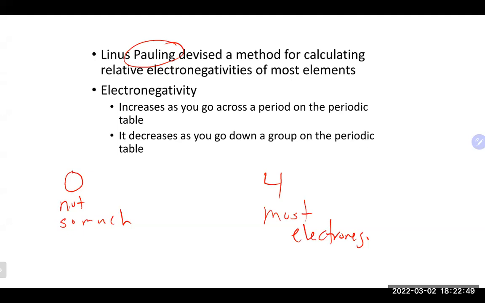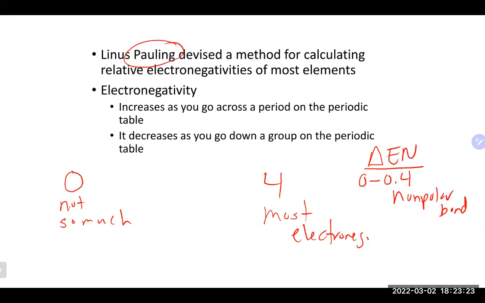We could actually use what is sometimes referred to and calculated as the difference in electronegativity values. Delta EN, delta is change, EN is electronegativity. That's basically taking the two elements that are involved in the bond and you subtract their electronegativity values. If you subtract their electronegativity values and you get a value from 0 to 0.4, that is considered a nonpolar bond.